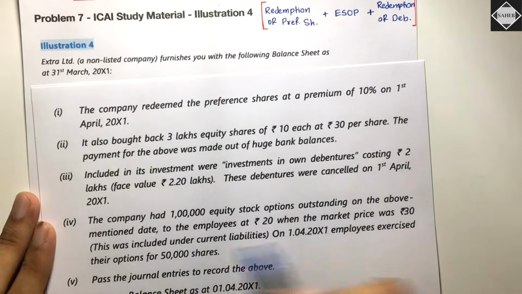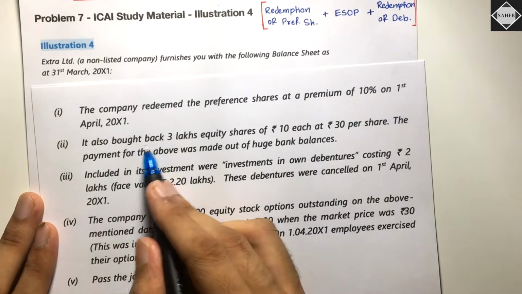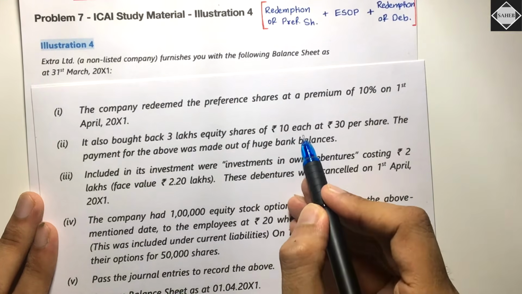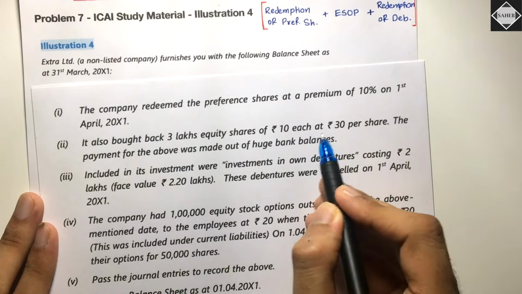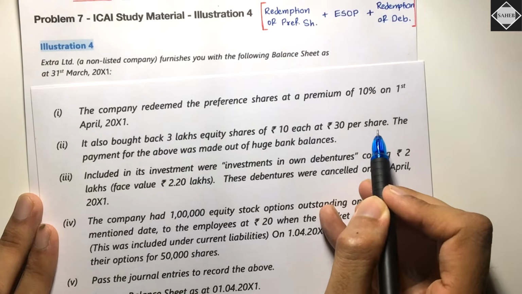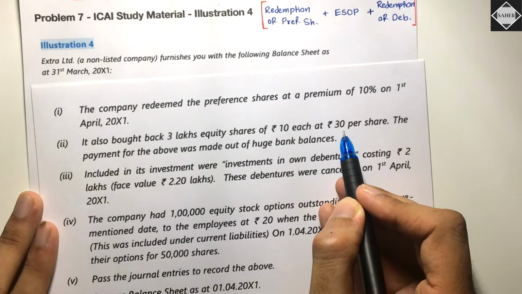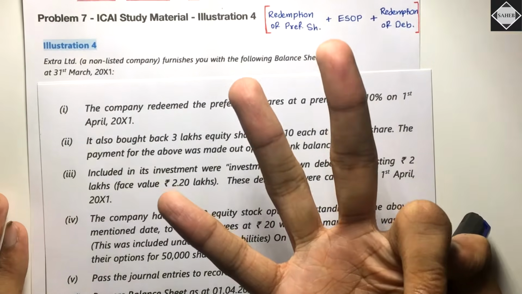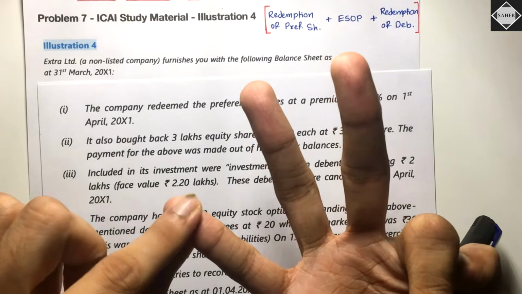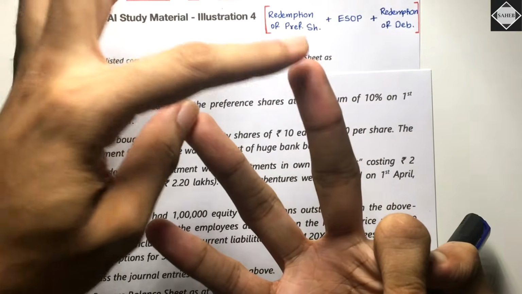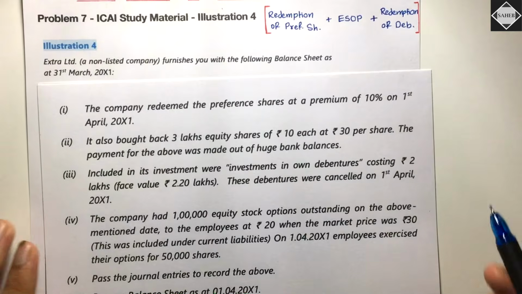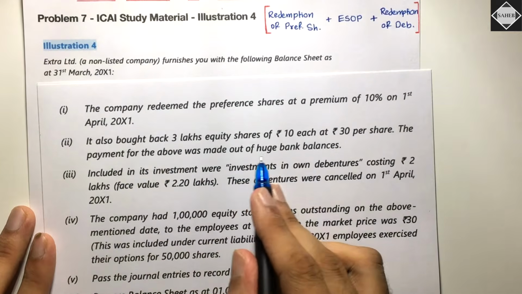Then the second point: it also bought back 3 lakh equity shares of rupees 10 each, 10 is the face value, at rupees 30 per share. 30 is the buyback price, so 20 is the premium. If 30 is the buyback price and 10 is the face value, then the remaining 20 rupees is the premium on buyback. You all know that. The payment for the above was made out of huge bank balance.